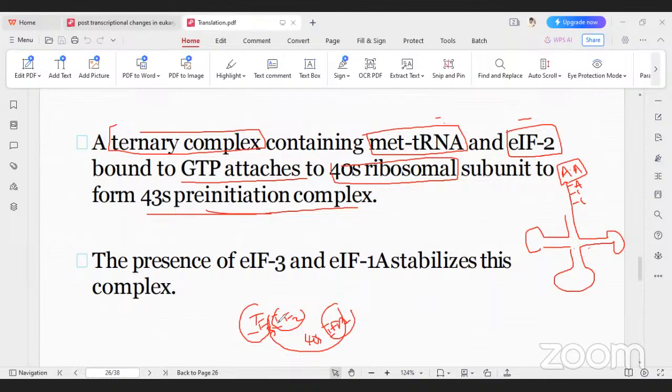After attachment of these factors, it is now called the 43S initiation complex.